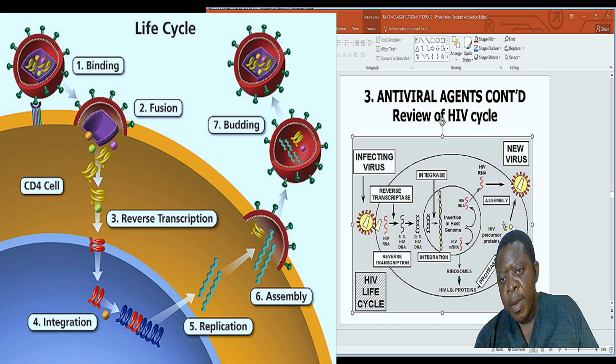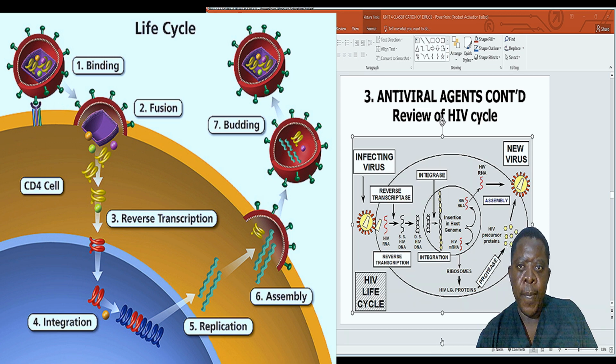We have the precursor, then there is assembly, then there is budding out of the virus. So that is how we should understand the steps of the virus and also the pharmacological actions that are supposed to be done.